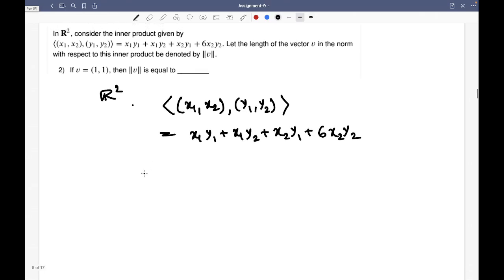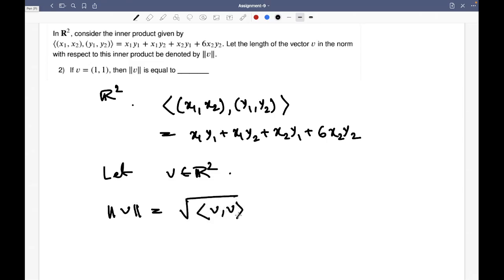And what is the norm of v? How is the norm of a vector defined? Let v be in R2. Then, because this is the inner product, we define the norm of v to be the square root of v inner product with v.